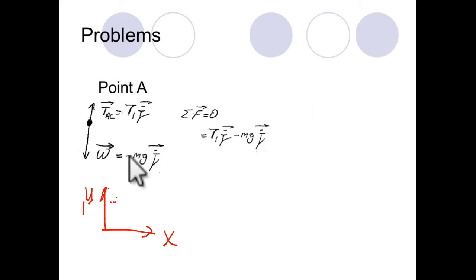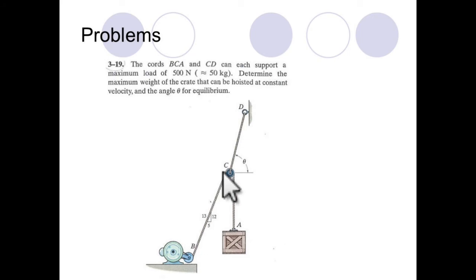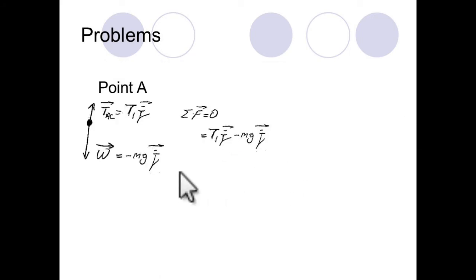Now, the tension in the cord AC, so let's look at the AC, is T1 j. We don't know the magnitude T1, so we just call it tension 1. And certainly there is a weight coming from the load, and it is minus mg, the mass of the load multiplied by the gravitational acceleration, and j.